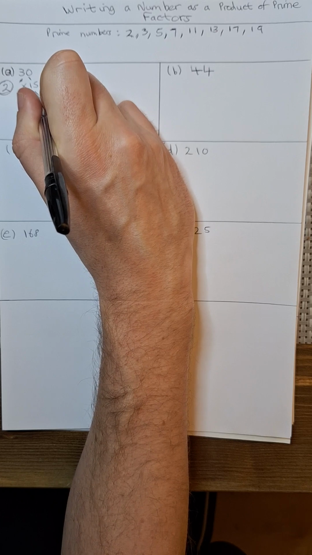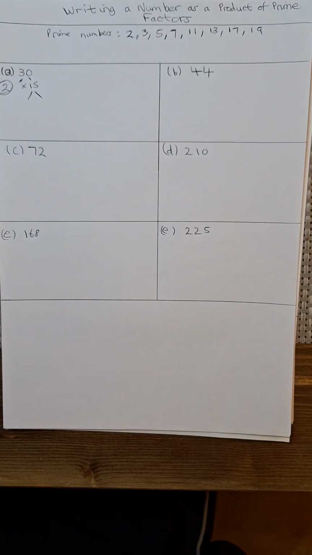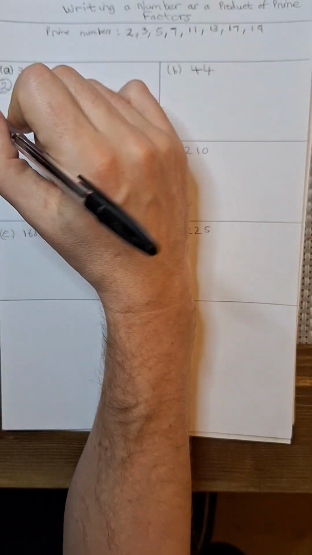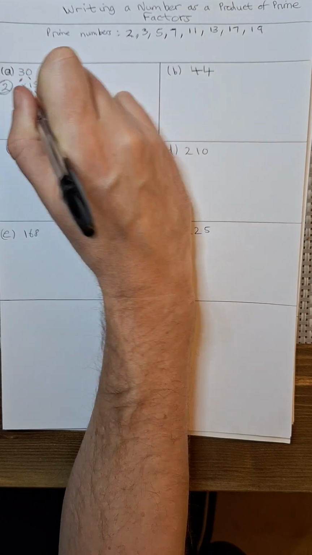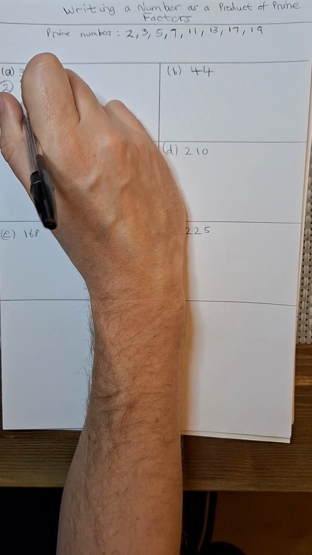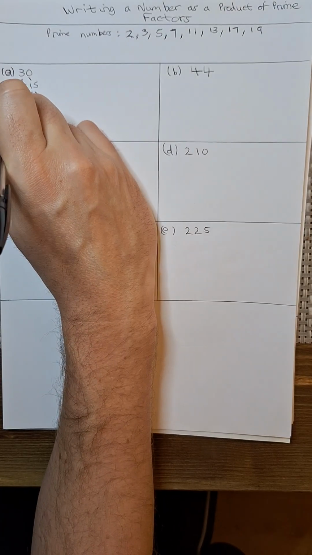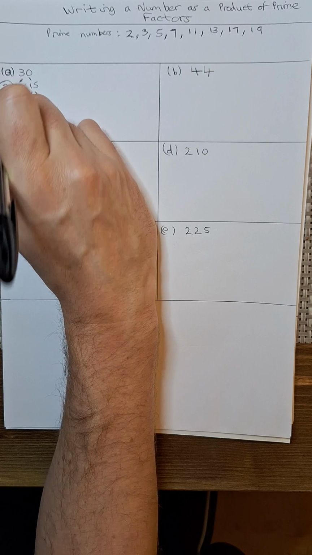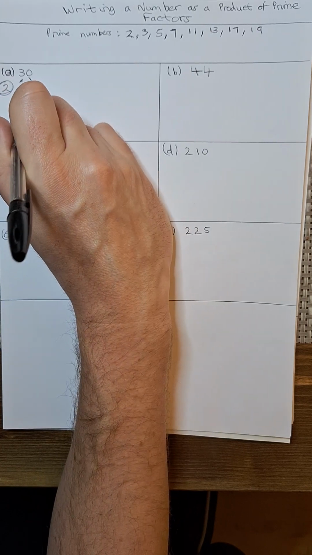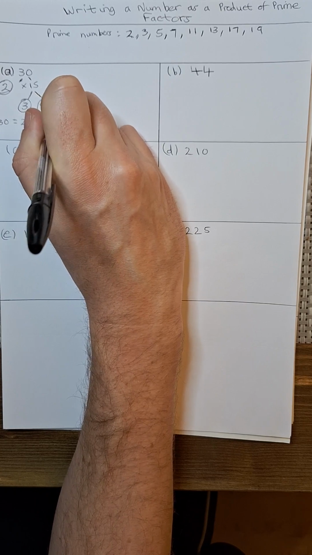What 2 factors when multiplied together make 15? Well, we have 3 and 5. As you can see, 3 and 5 are both prime numbers. So writing 30 as a product of prime factors equals 2 times 3 times 5.